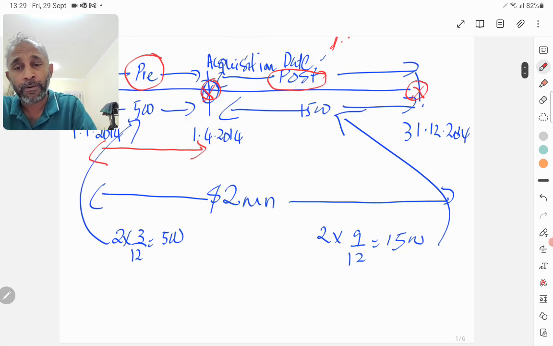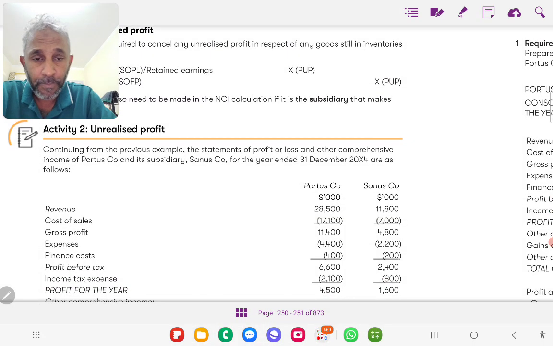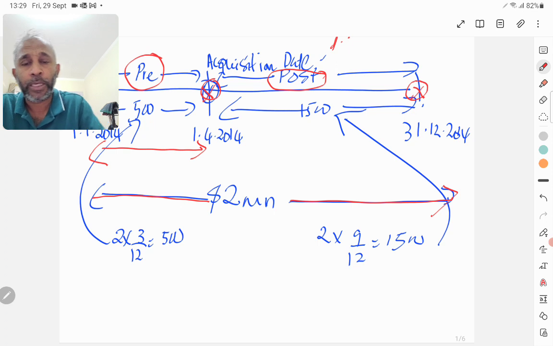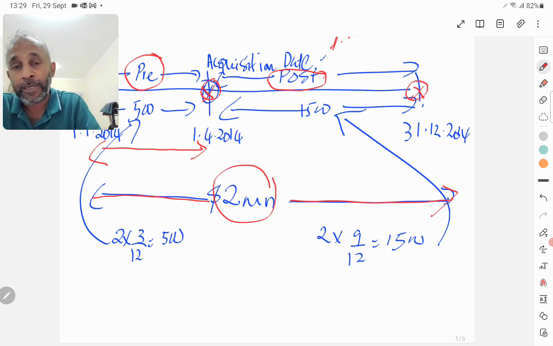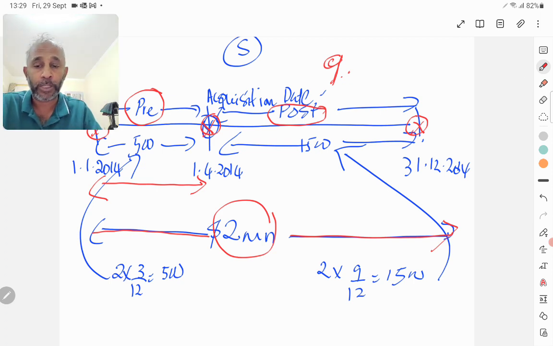The examiner has given you the total profits for the year as 2 million. The total comprehensive income is 2 million, and this we need to split into the pre-acquisition period and the post-acquisition period.